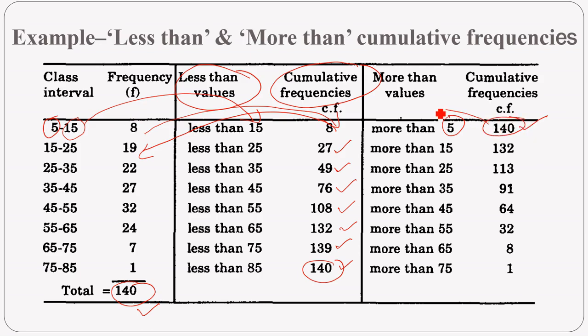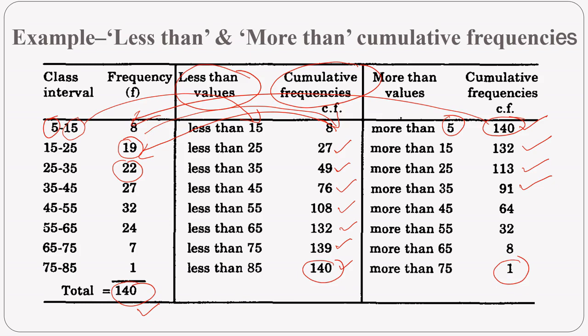Let me make you round. 140 minus 8, you will get 132. So 132 minus 19, you will get 113. 113 minus 22, you will get 91. 91 minus 27, 64. Like this, if you do, last you will get 1.